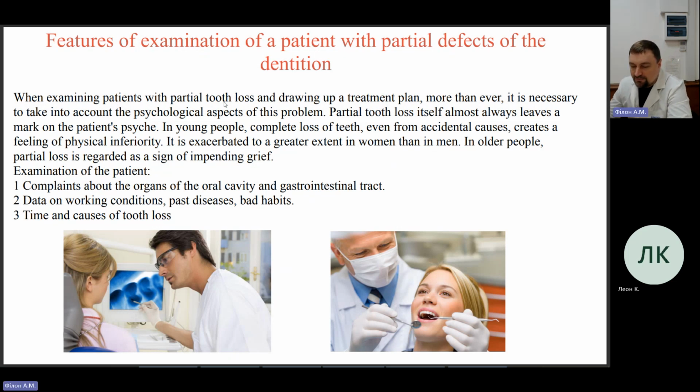So, examination of the patient. Complaints about the organs of the oral cavity and gastrointestinal tract. What does it mean? When people lose their teeth because of caries or complications of caries, especially molars and premolars, it makes a lot of problems for biting normal, thick, hard food, and people start to use their front group of teeth to take food.